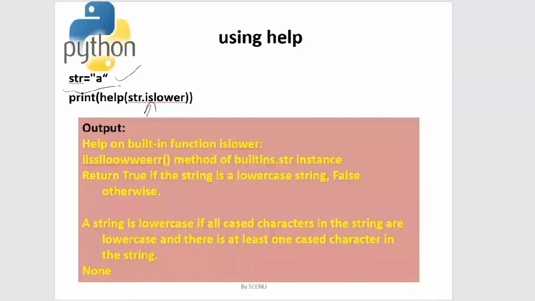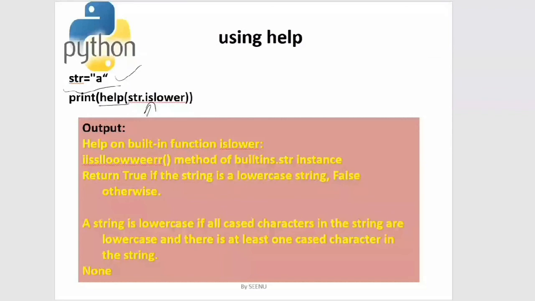It gives the description of what is lower does and what the return type of is lower is. Is lower returns a Boolean value, true or false. And whatever the functionality of is lower is and whatever is in the documentation, it just dumps it on the screen for you. So you can find out the description of methods like this by using help.